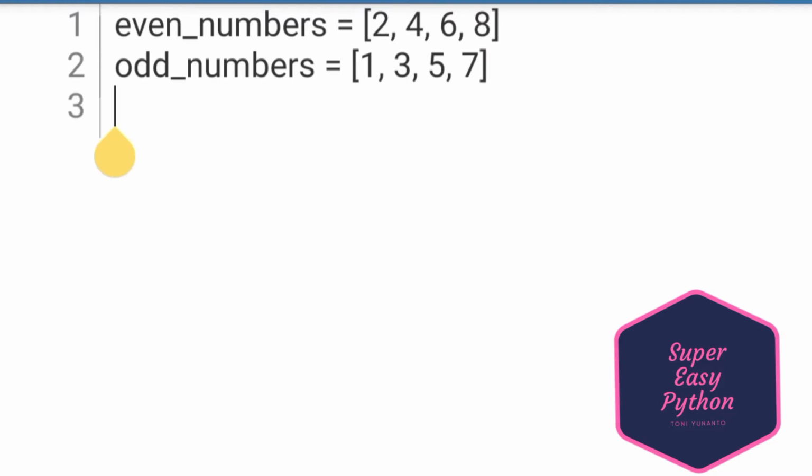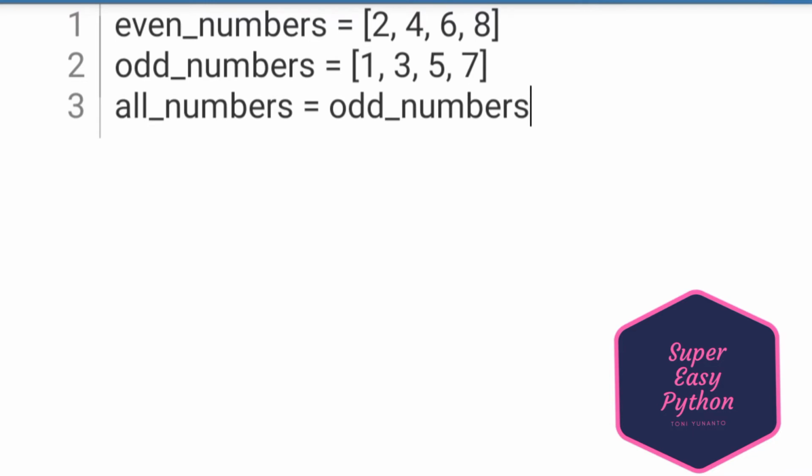And then next we make another variable again. So all_numbers equals to odd_numbers plus even_numbers.